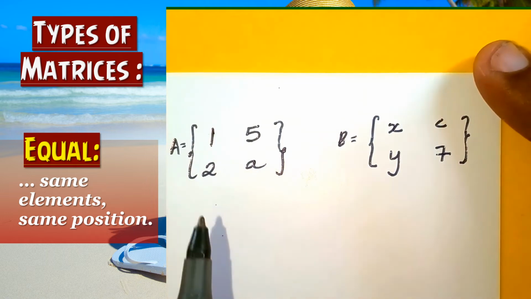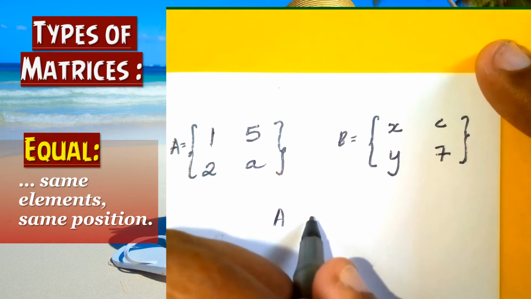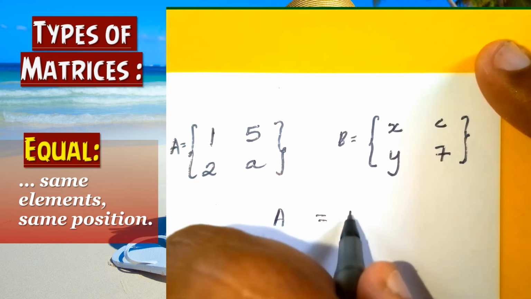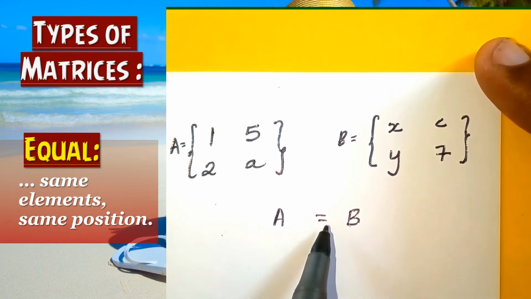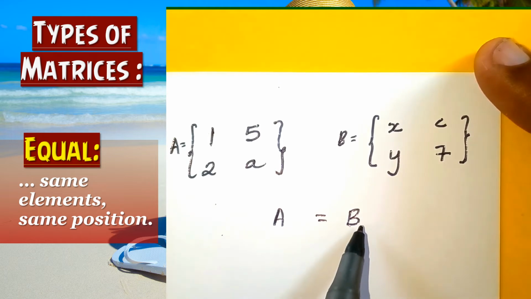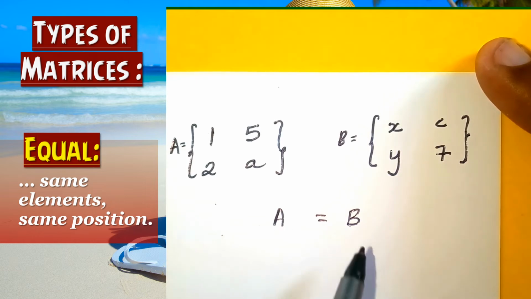We were given the instruction that matrix A is equal to matrix B. Think about it. If you hear the word equal, what does equal mean? It means the same. So it's saying that A is the same as B. In this case, matrix A is the same as matrix B.